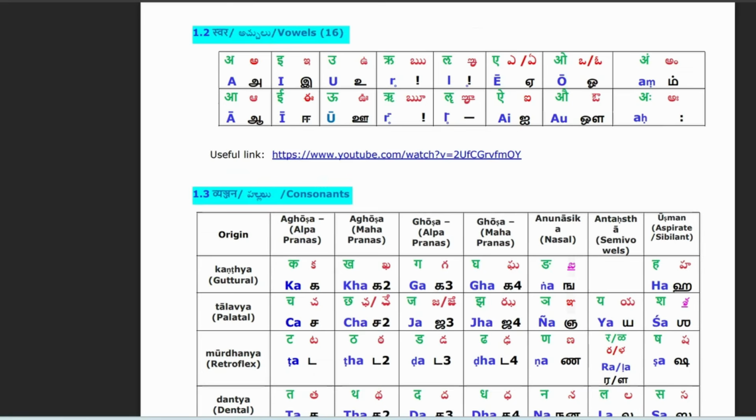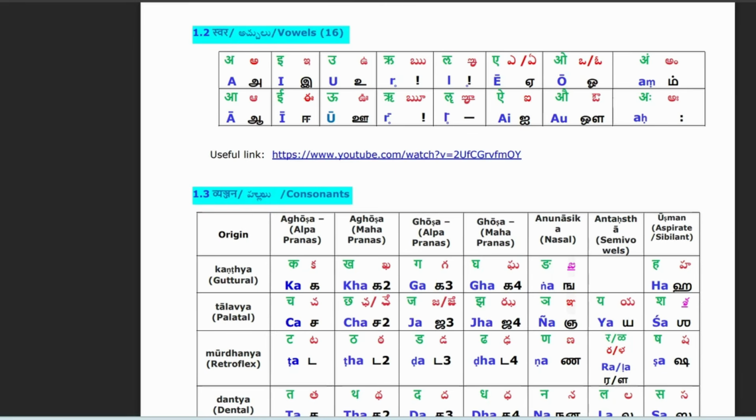So these are all vowels. The last two are special. Am is called Anuswaram, and Aha is called Visarga. The sound h is called Visarga.